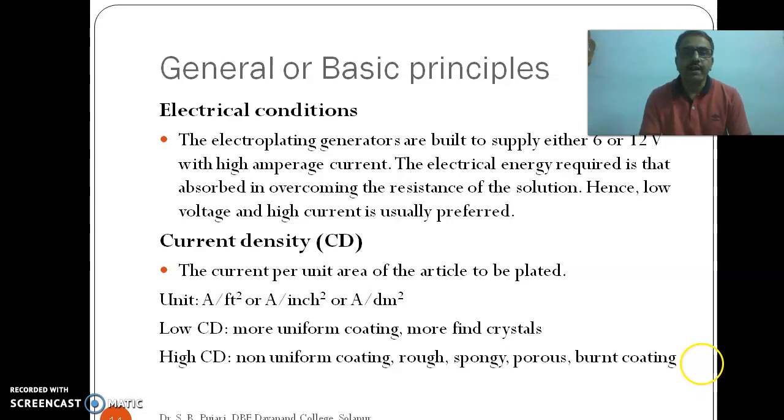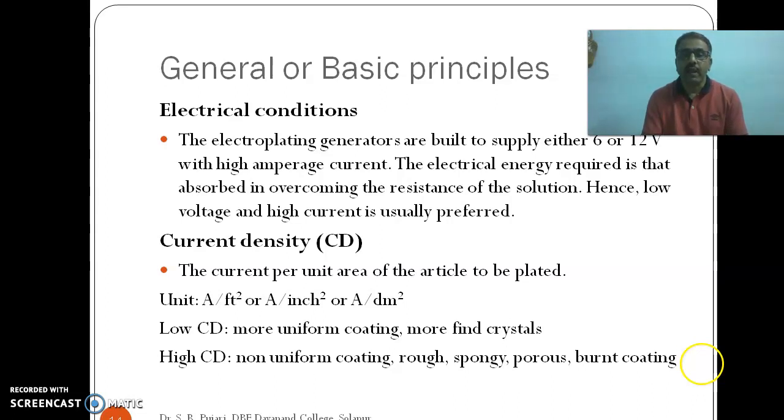In an electroplating solution, electroplaters prefer low current density. Why? Because this produces a more uniform coating and more fine-grained crystals, while if you apply high current density, you get a non-uniform coating, rough, spongy, porous coatings.